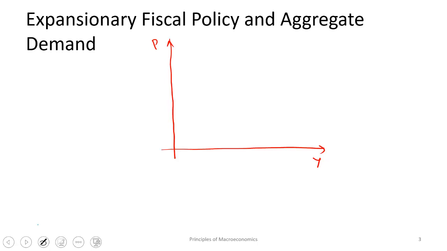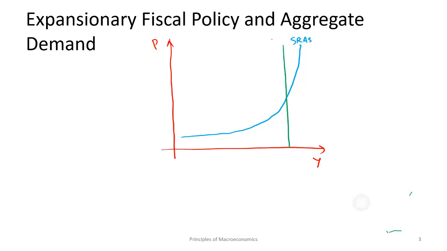First I'll draw a short-run aggregate supply which includes both the Keynesian and the neoclassical zones. So basically it's a flatter short-run aggregate supply initially and then it becomes steeper. Next I'll draw the long-run aggregate supply or potential GDP. So this is your long-run aggregate supply with potential GDP Y star.